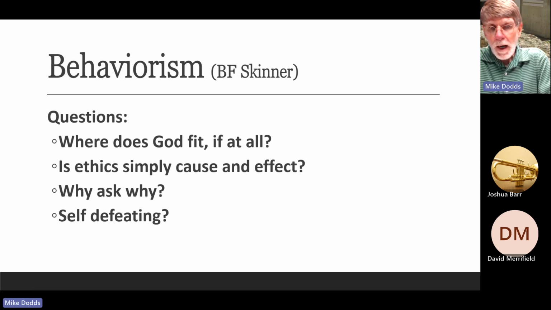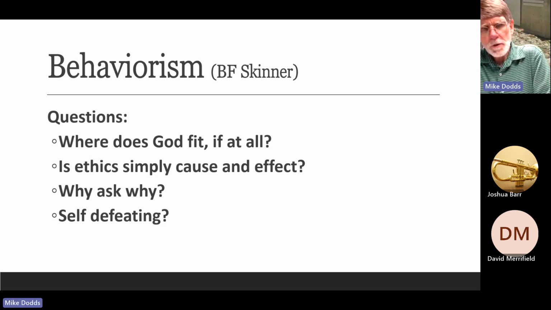Why ask why? Isn't that self-defeating? Behavior control was a big part of what he was encouraging as a counselor. We just manipulate the right action. We engineer behavior. We set the context, and we'll be able to determine the outcome.